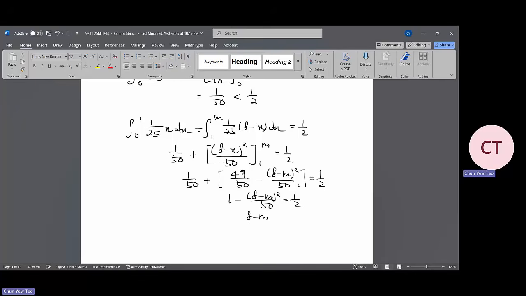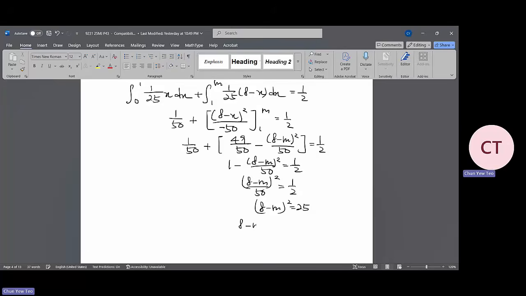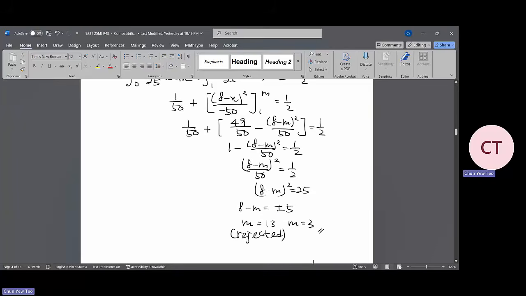So we have 1 minus (8 minus m) squared over 50 equal to half. Then (8 minus m) squared over 50 is equal to half, and (8 minus m) squared is equal to 25, which means that 8 minus m is equal to plus or minus 5, so m equals 13 or m equals 3. The m equal to 13 is already outside the interval, so we reject this. Therefore, your m is 3. This is the answer for number 3b.